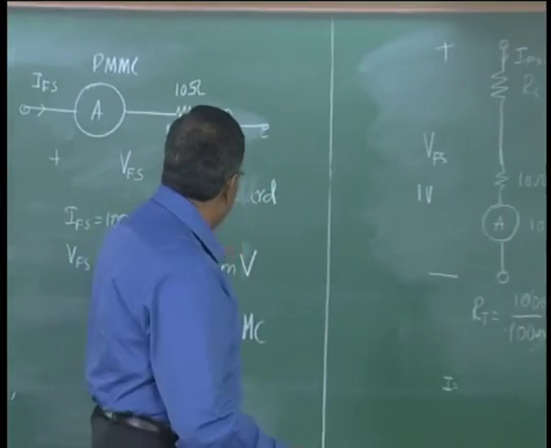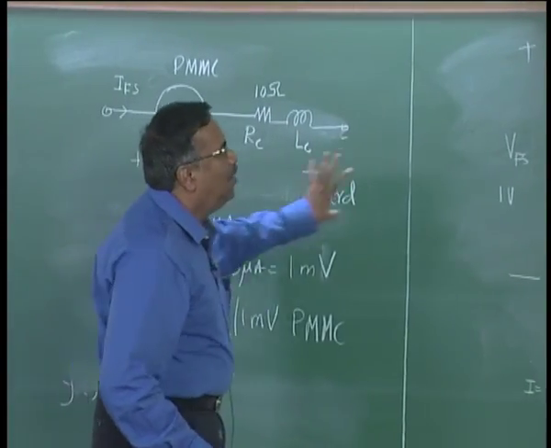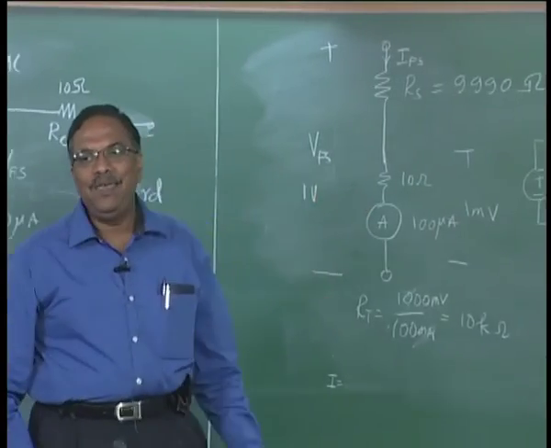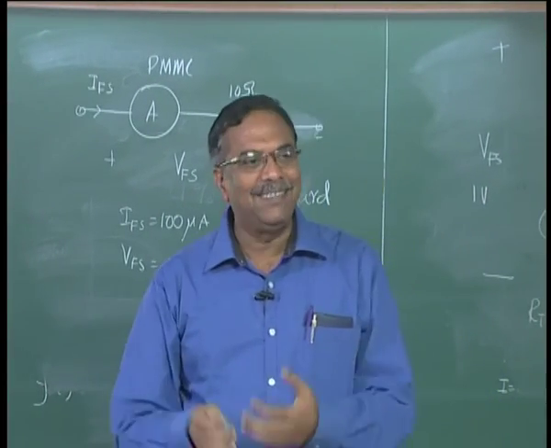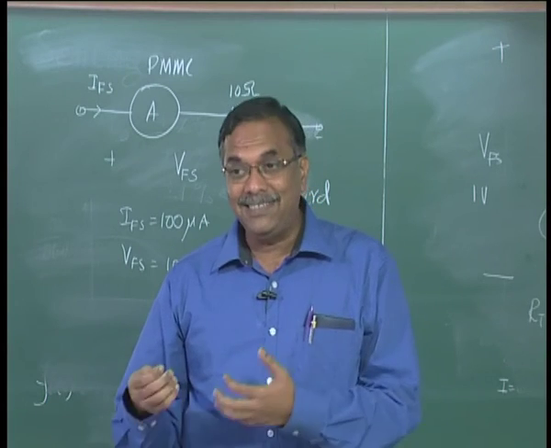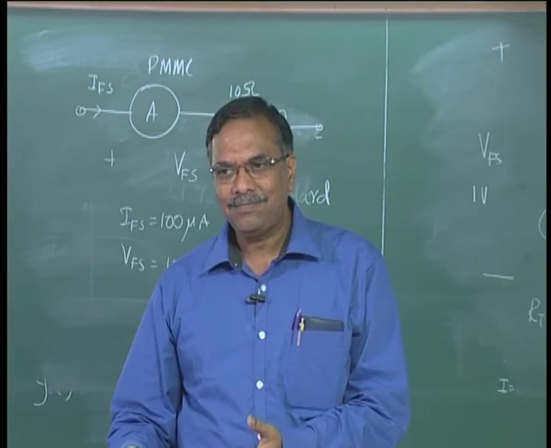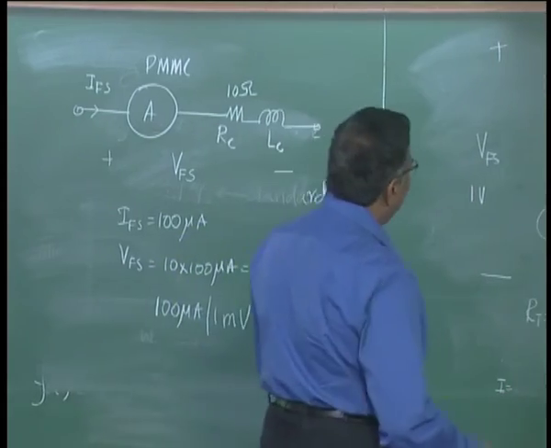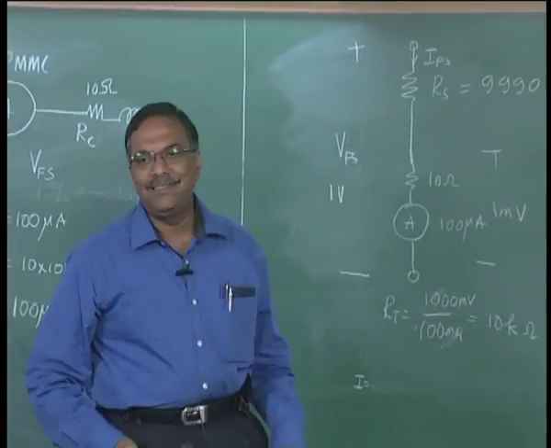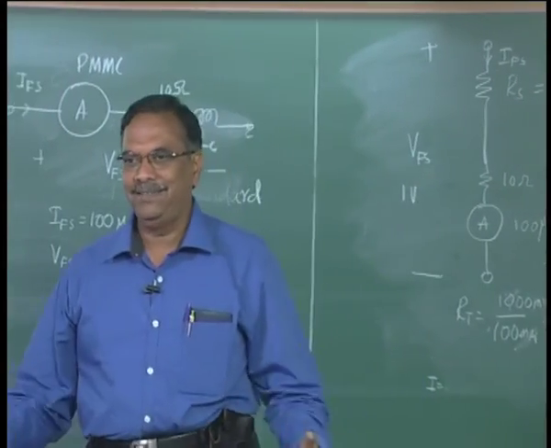Now, in both cases, when I look at it as an ammeter or as a voltmeter, the PMMC meter is not an ideal meter, right. It has a certain non-zero resistance when it is an ammeter, and again a certain resistance when it is a voltmeter, not infinity, right.